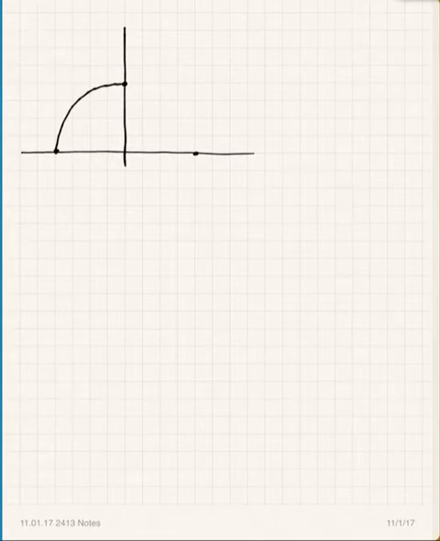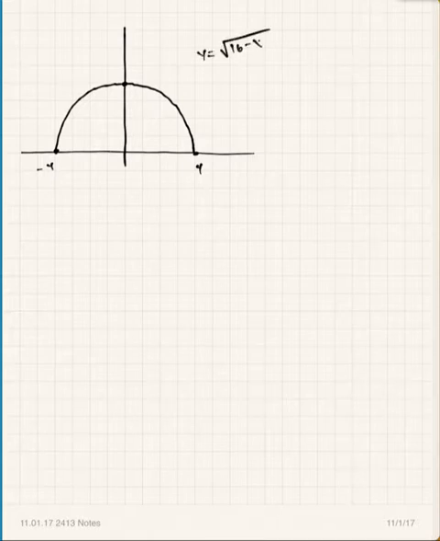The radius of the circle is 4. That's at 4, that's at -4 right there. The equation for this circle is y equals the square root of 16 minus x squared. That represents the equation for that semicircle.